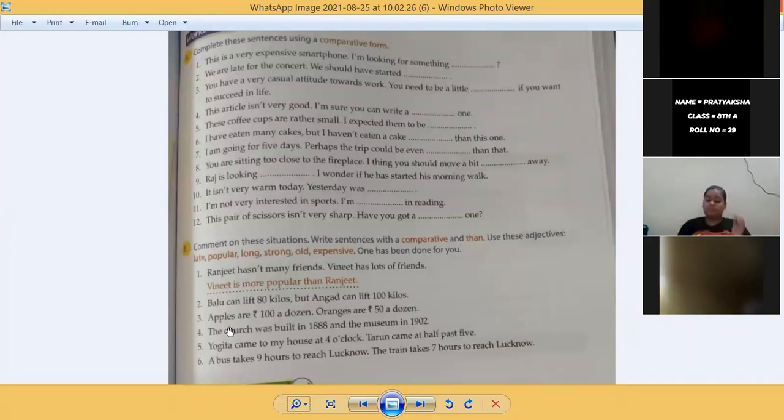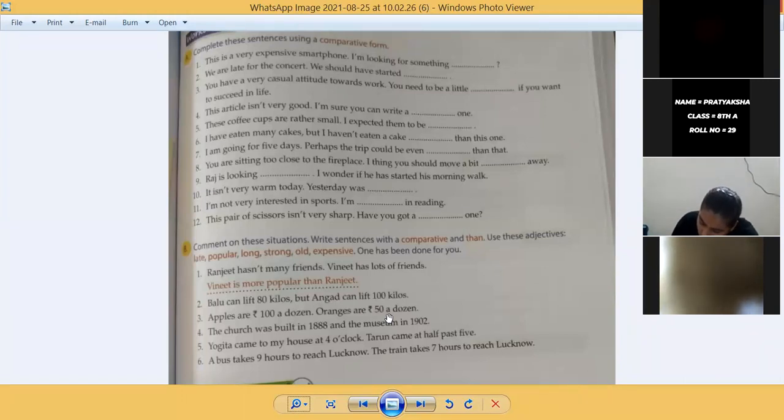Balu can lift 80 kilos, but Angad can lift 100 kilos. So what can you write? Angad is more stronger than Balu.